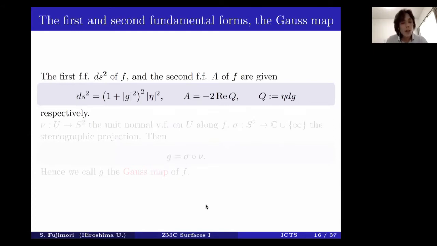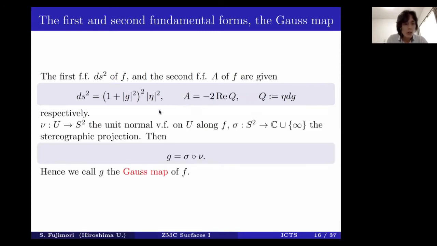And then the first fundamental form and the second fundamental form are given this way by using g and eta. And also, we set nu to be the unit normal vector field on U, and let sigma be the stereographic projection from the North Pole.